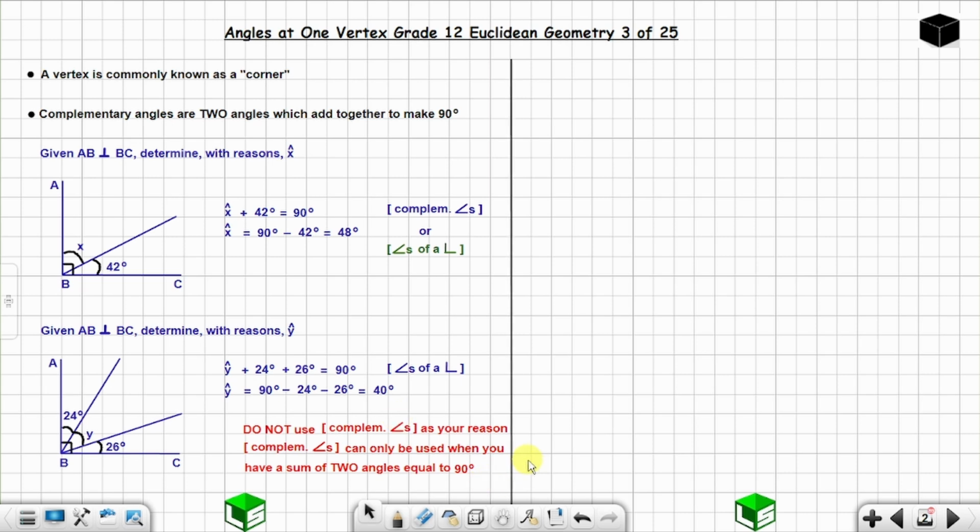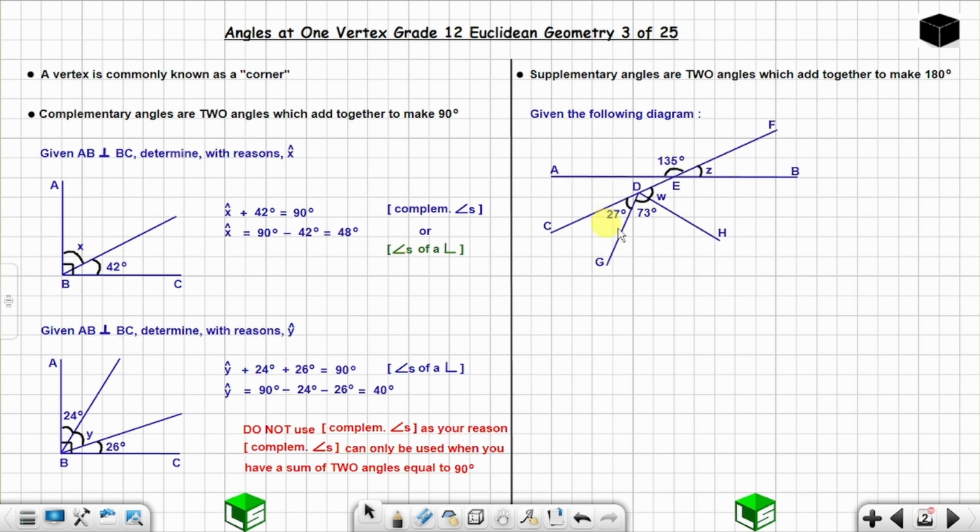Now let's move on. Now we are going to see supplementary angles. Supplementary angles are two angles which add together to make 180 degrees. Let's see an example. You are given the following diagram.